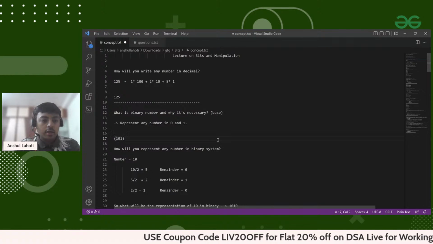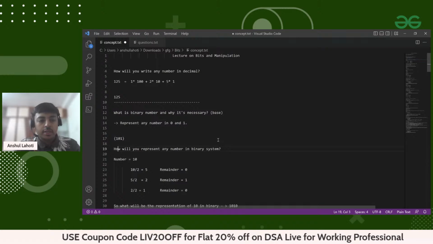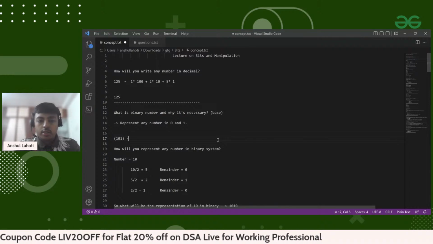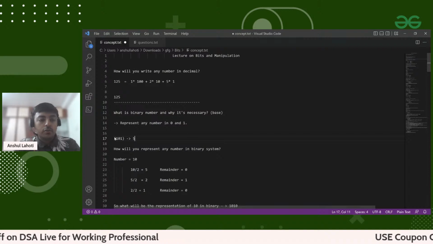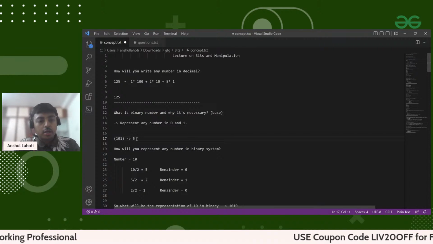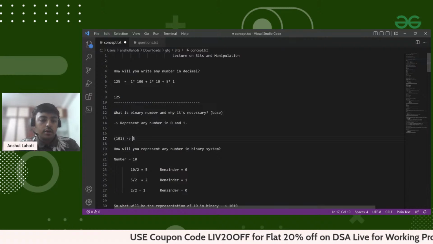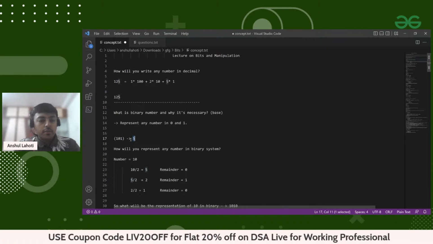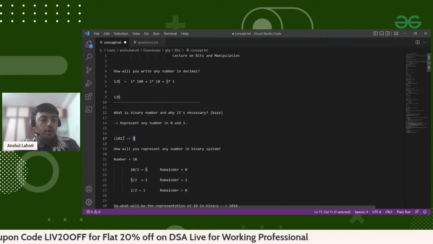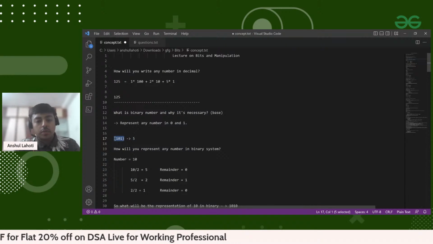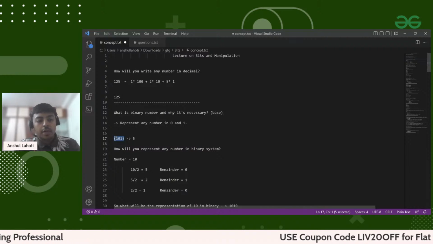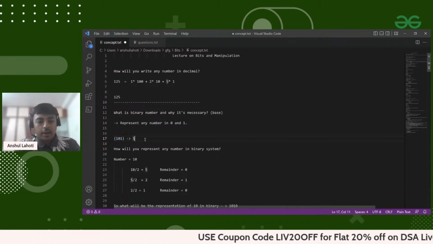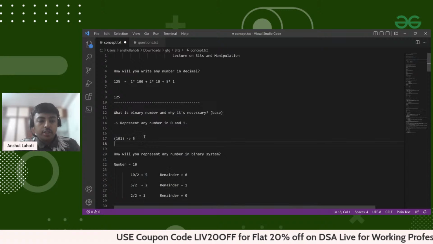In binary, 101 is represented by 5; its decimal number will be 5. So 101 is in binary and 5 is in decimal. Here 5 is in base 10, and 101 is in base 2. So it just represents 5 in binary. First we will see how to represent any number in the binary system.